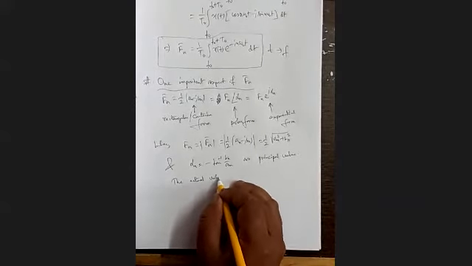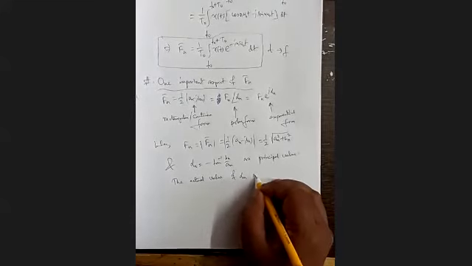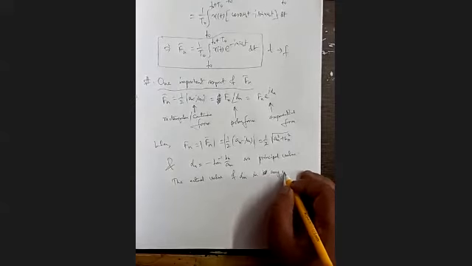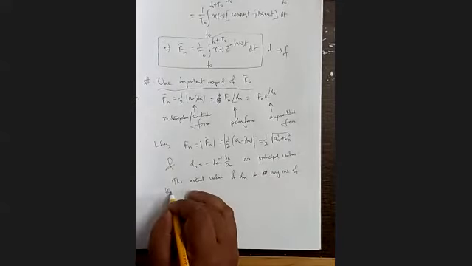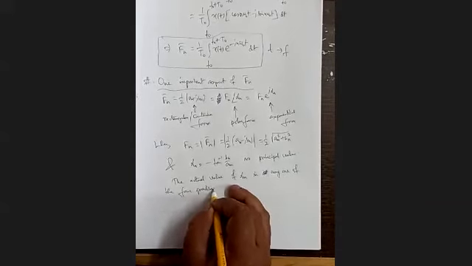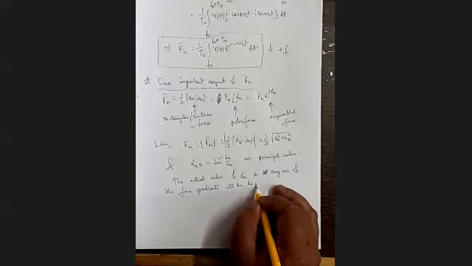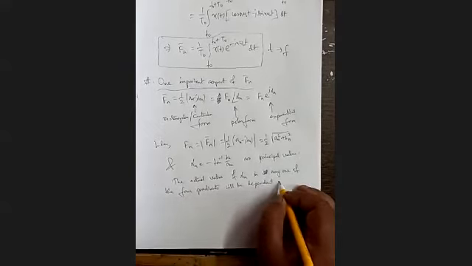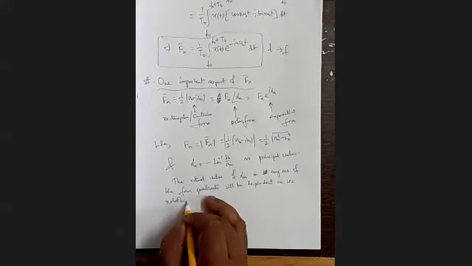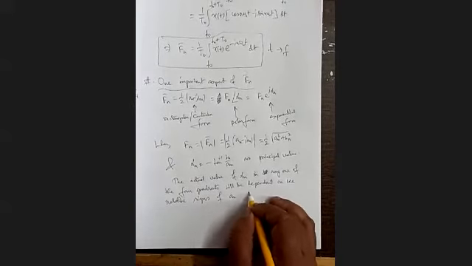So the actual value of alpha n in any one of the four quadrants will be dependent on the relative signs of an and bn.